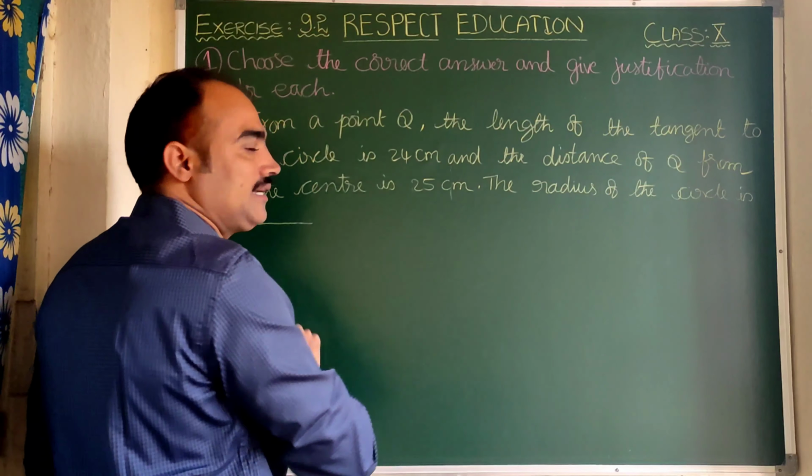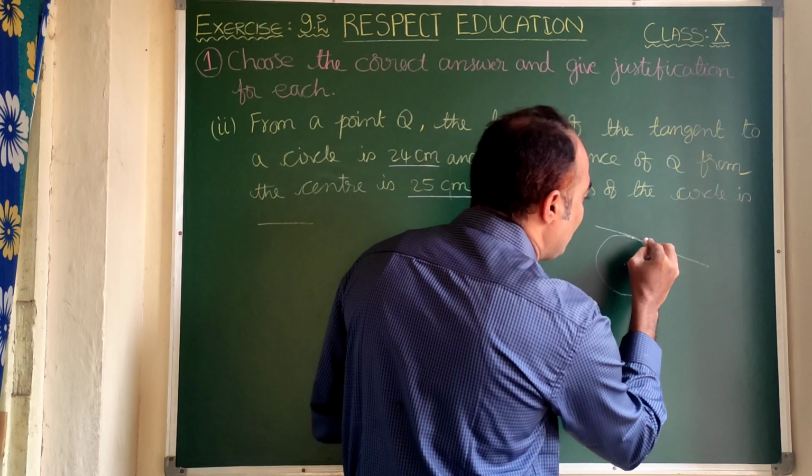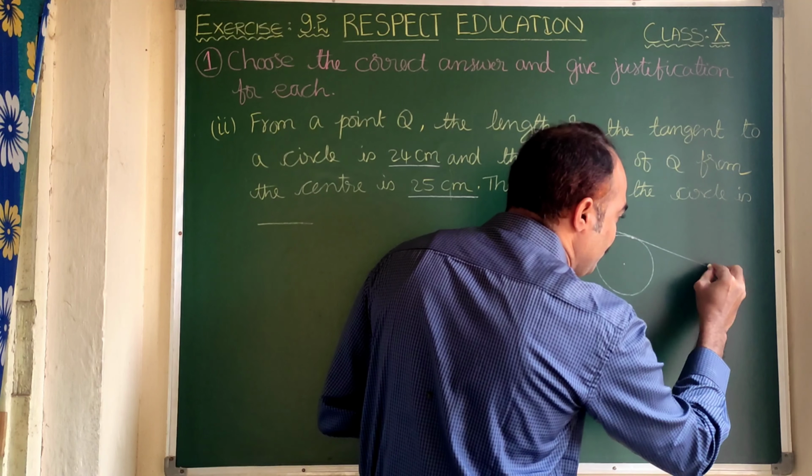So here, according to the given condition, there is a circle, and from a point Q a tangent is drawn. For example, here we can draw a tangent like this. Okay, so this is the point of contact, this is the point Q.